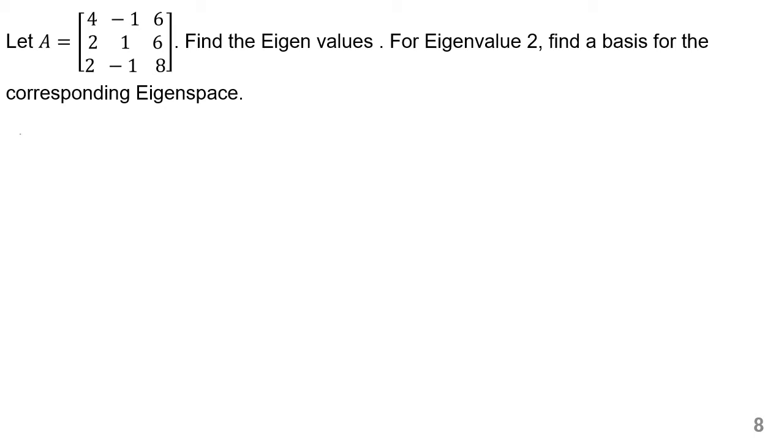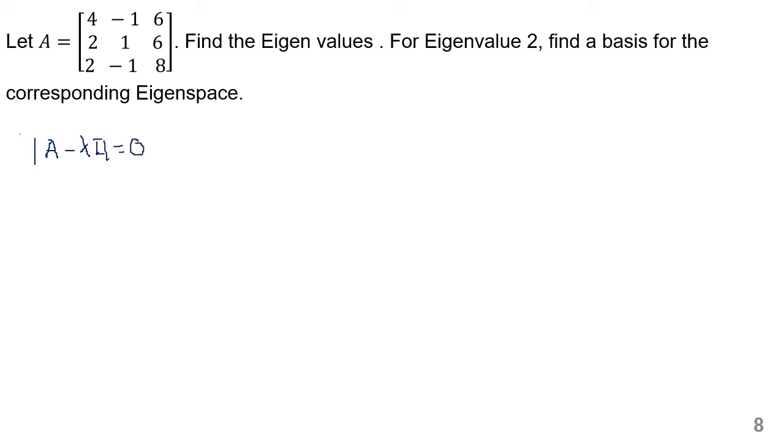The first step is to find the eigenvalues, and eigenvalues can be found by the determinant of A minus lambda I equated to 0.